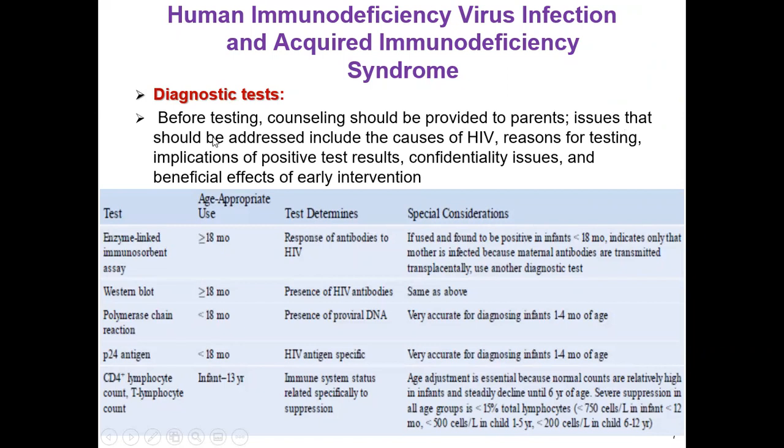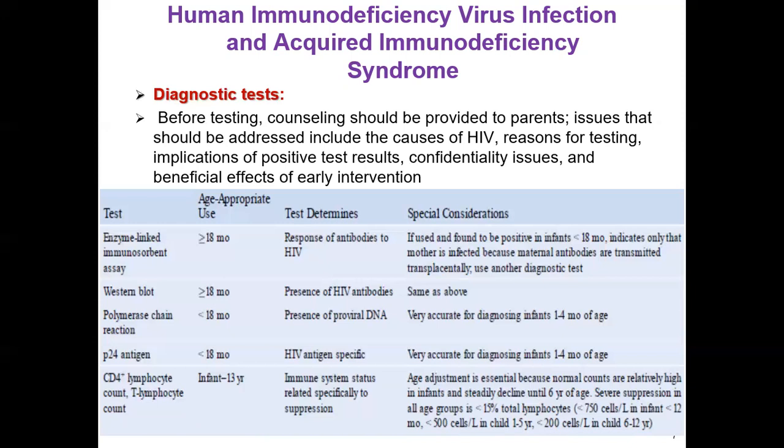Issues that should be addressed include the cause of HIV, reason for testing, implication of a positive test result, confidentiality issues, and beneficial effect of early intervention. So if anybody is suspected, it is good to go for testing. Because if you diagnose the disease at the very beginning, you can stop the progress, or the disease progression will be delayed.